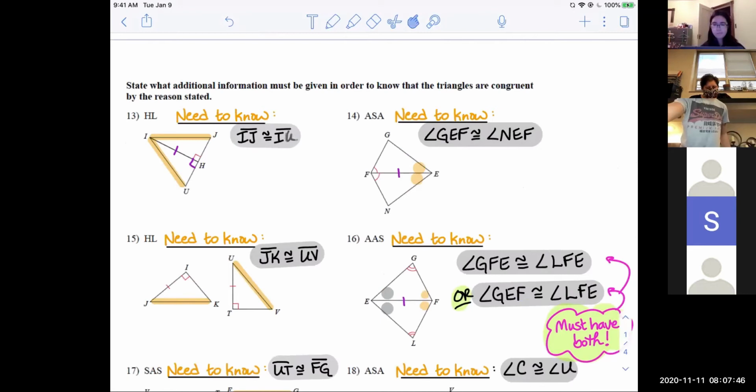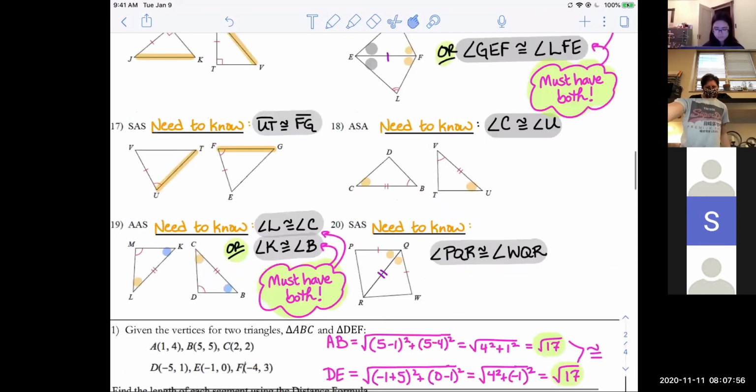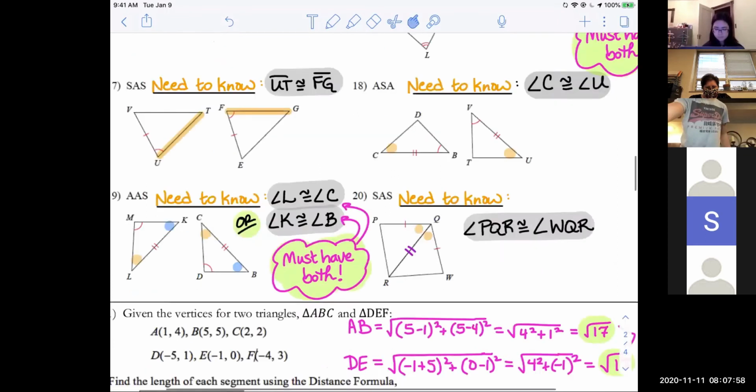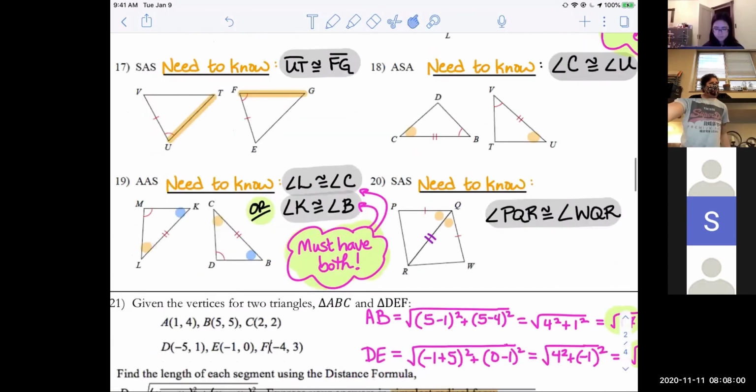Okay, questions on 13 through 16? Okay, and then for 17 through 20, it's the same idea with number 19. There's two different pieces of information that would both give you the triangles congruent by angle side.